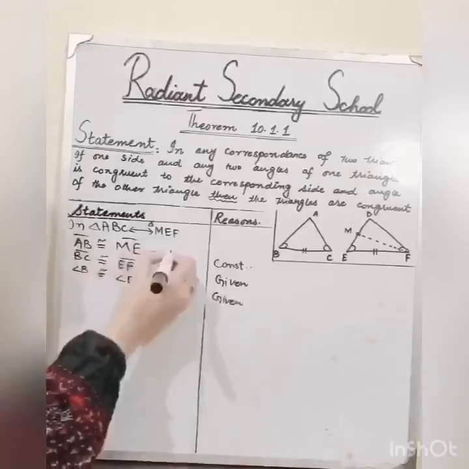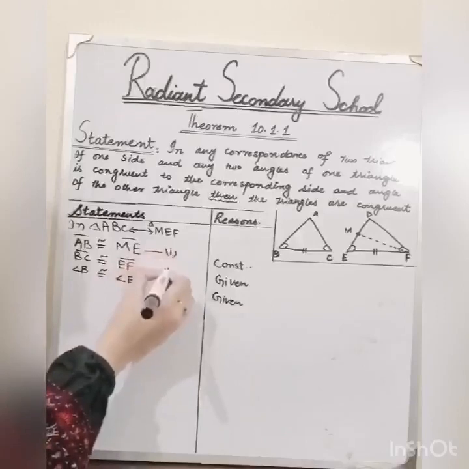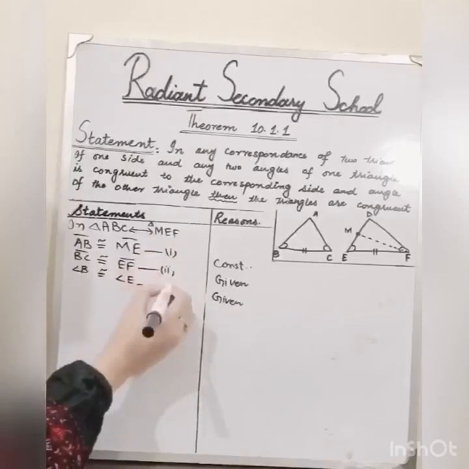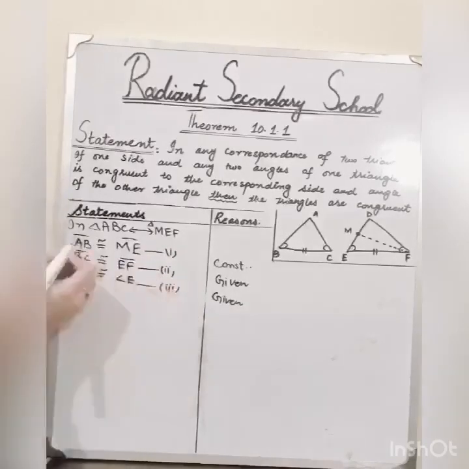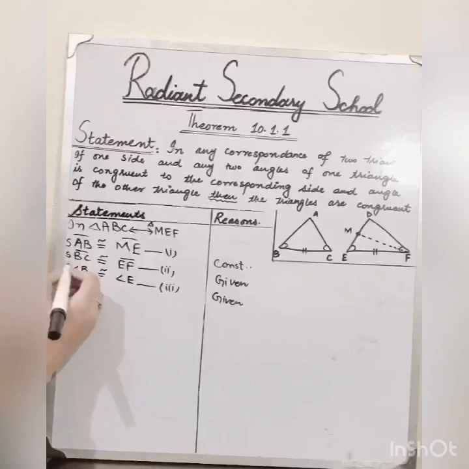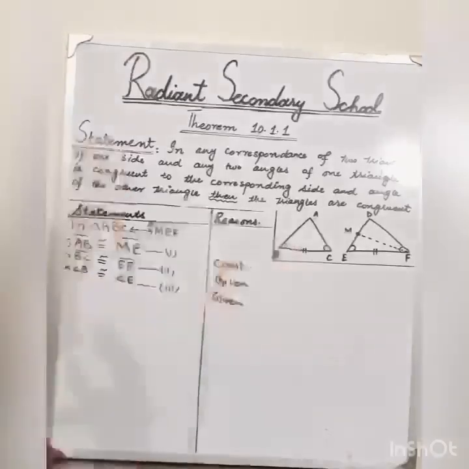So let's suppose this is point 1, this is 2, and this is 3. This is a side, this is also a side, and this is an angle, and the angle is in between the two sides.